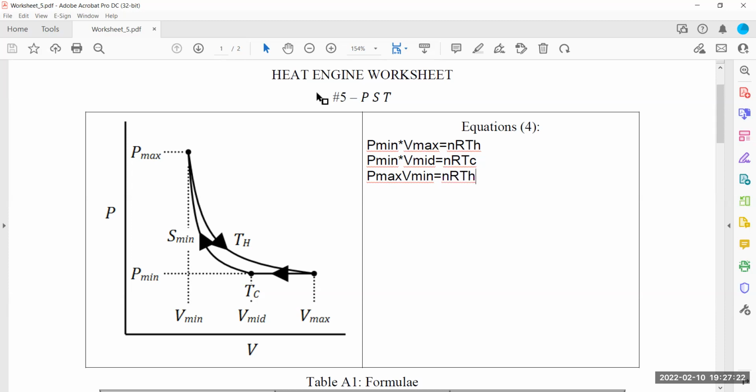Now, we know also that Vmid, no, let's write it in terms of temperatures, it's better. Tc times Vmid to the power, I don't have gamma, so I'm going to write y, okay? Minus 1.